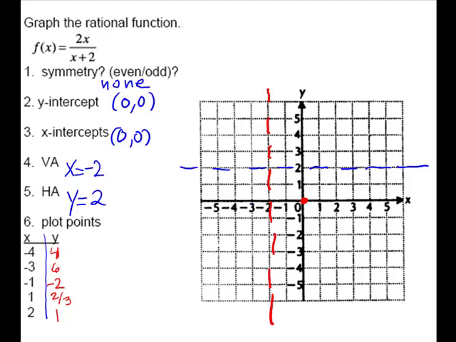So -4, 4. 1, 2, 3, 4. -3, 6. 1, 2, 3, 4, 5, 6. -1, -2.